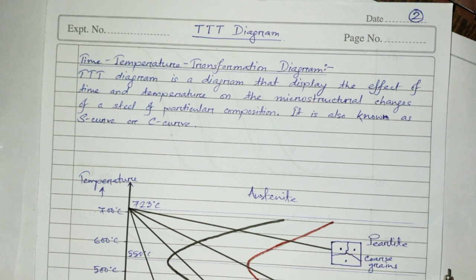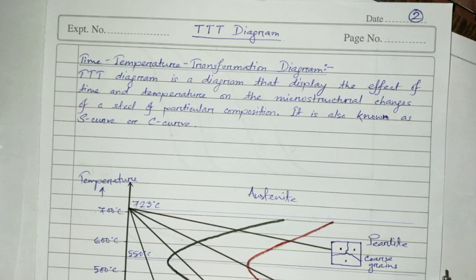Now the time temperature transformation diagram, what does this diagram generally display to us? The time temperature transformation diagram, or simply the TTT diagram, is often called the S curve or C curve. This diagram displays the effect of time and temperature on the microstructural changes of a particular composition of steel.